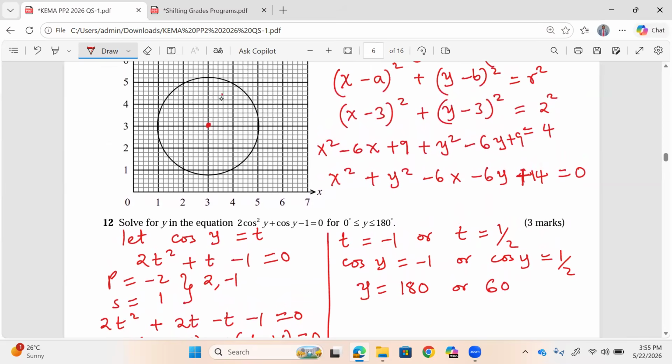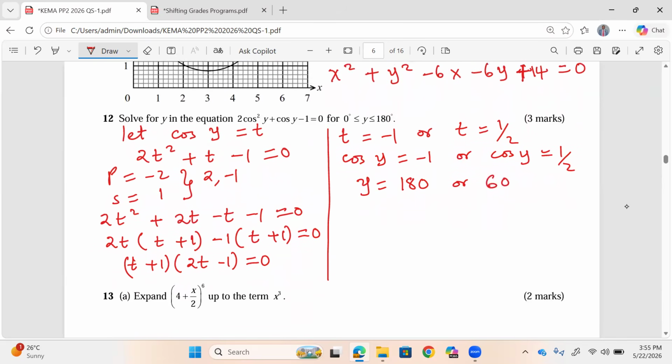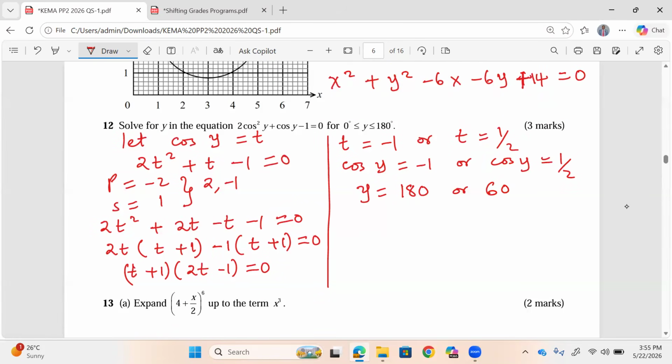Cosines are positive. Okay, we have All Students Take Coffee. So in the fourth quadrant, the acute angle of 60 becomes 300, and that is beyond our range of values. Therefore, 60 degrees and exactly 180 degrees become our final answer.